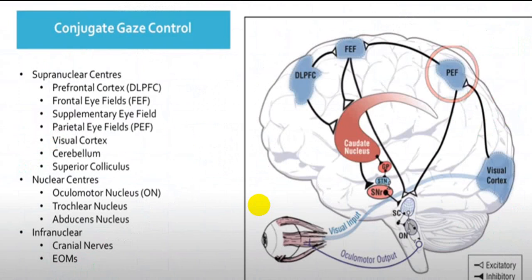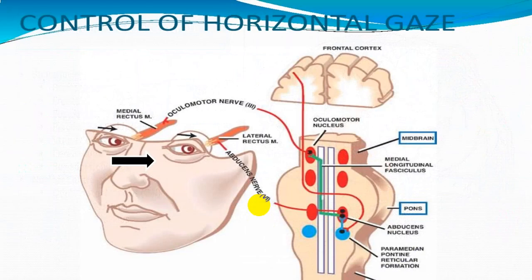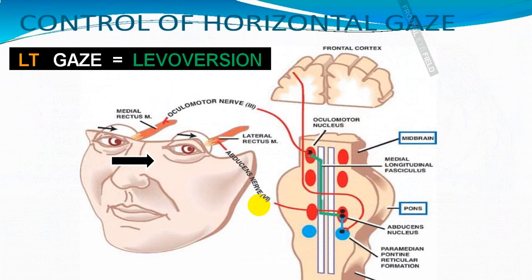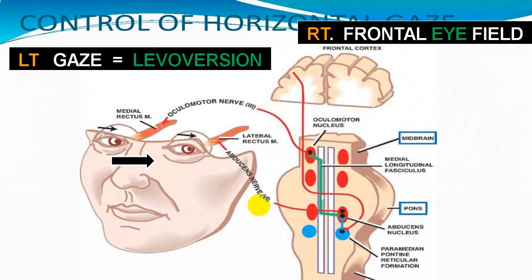Then we test for conjugate movements. This is in detail what are the controls of horizontal gaze, vertical gaze. We have got the right frontal eye field, all those, I've already uploaded that particular video on gaze palsy. You can go through at leisure time.